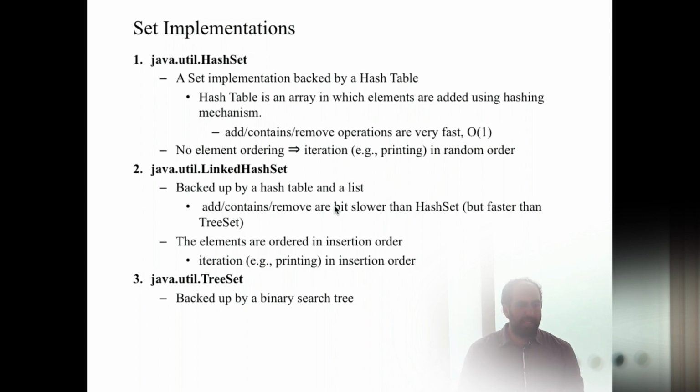In the hash set we use a hash table based mechanism. And what is a hash table? Like in the arrays, we use the index values like 0, 1, 2 to place and then to retrieve the elements in the array. But in the hash table, we have hash code.